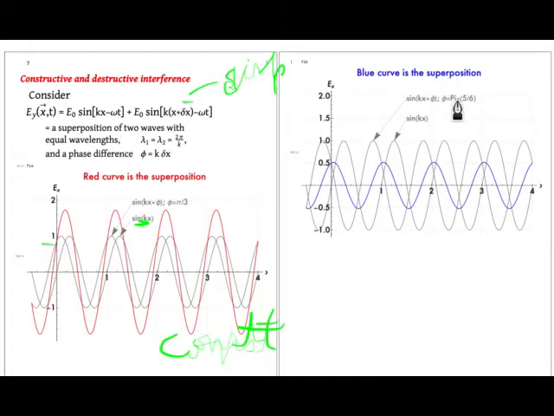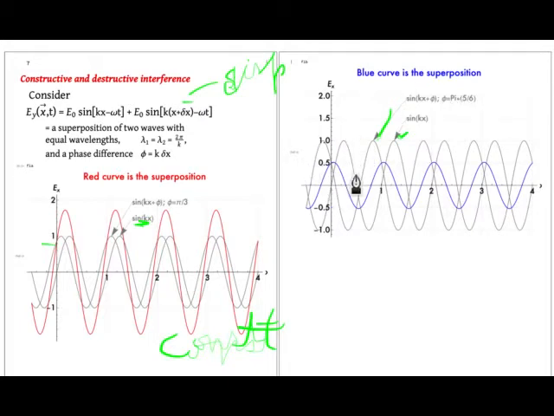Now let's consider where the phase shift is not pi over 3, but it's pi times 5 divided by 6. So again, this is sine kx, a snapshot at time 0. And this is the other wave, sine kx plus phi, where phi is close to pi, a little bit less than pi in this case.